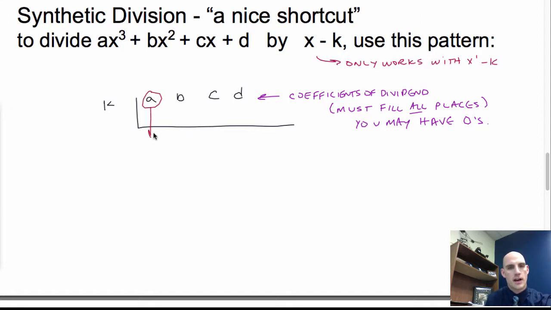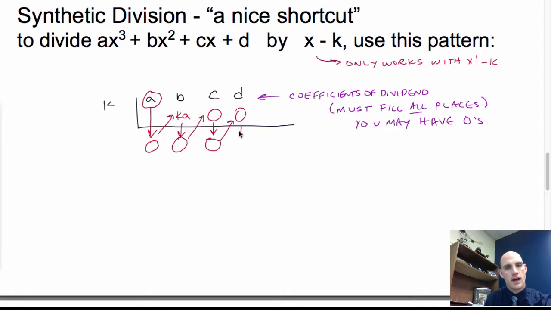So we're going to bring down a, and then we're going to multiply k times a here, and we'll bring this down, and whatever goes here, I've got to draw my circles, and then that's going to be multiplied to get what goes here, and then we add to bring it down. Get something here, multiply it.